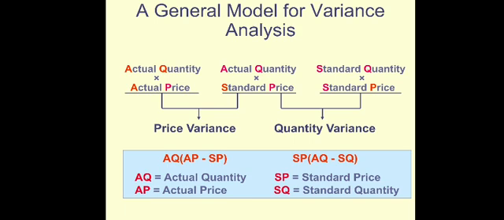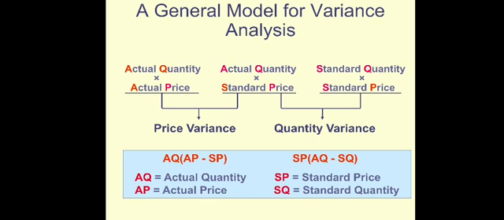For price variance or dollar variance, the formula is AQ times (AP minus SP). AQ means actual quantity, AP means actual dollar or actual price, minus SP. SP is the standard dollar or standard price.